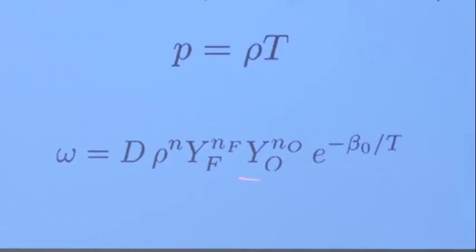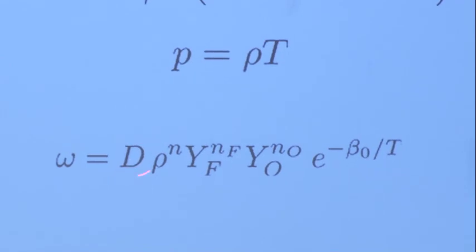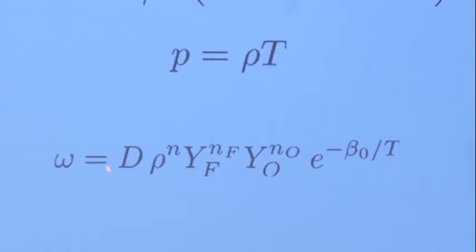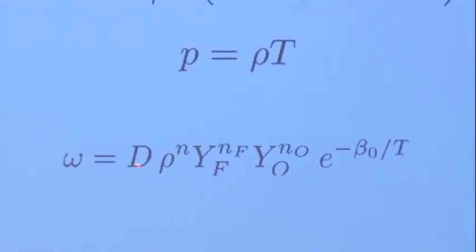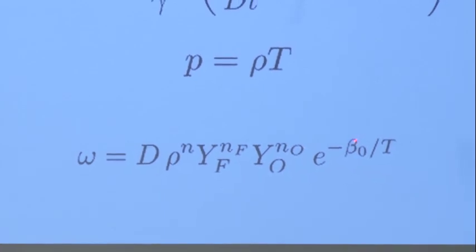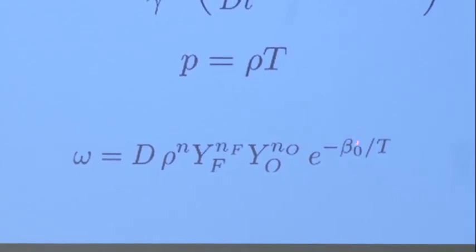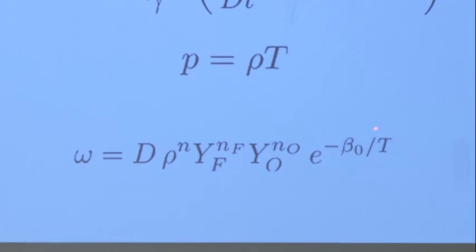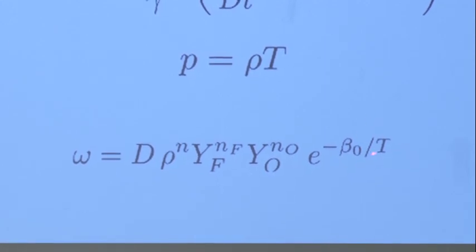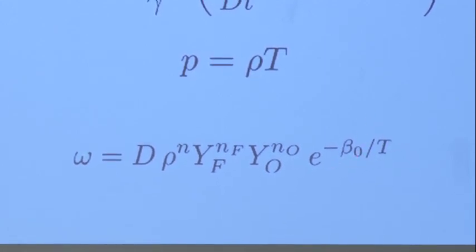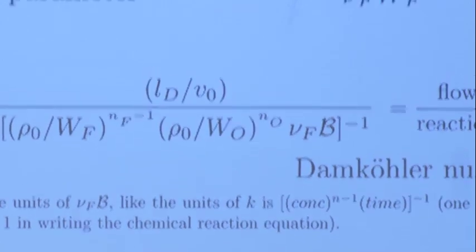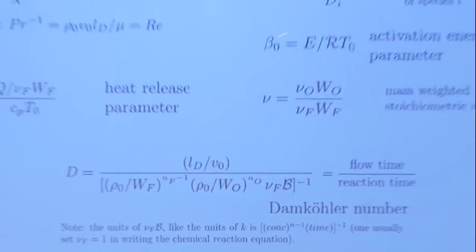It comes from the concentration. And there is a parameter here which is known as the Damkohler number, which I will talk about in a minute. And then in the exponential, you usually have E over RT, right? So when you scale it, E over RT naught is this beta naught, which is the activation energy parameter.